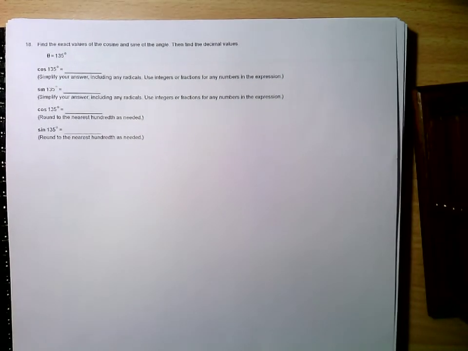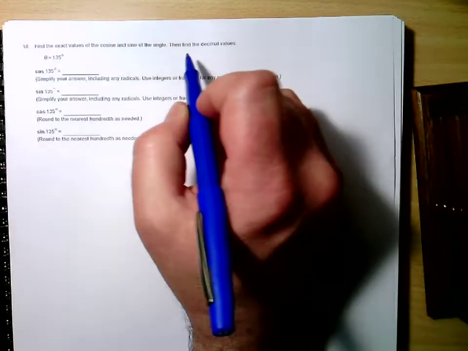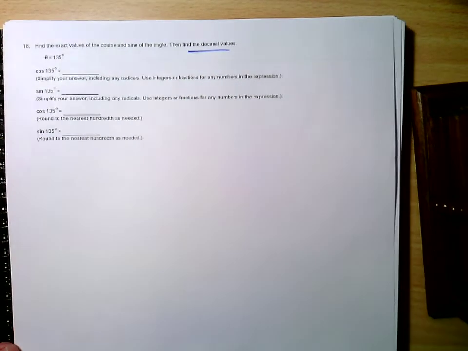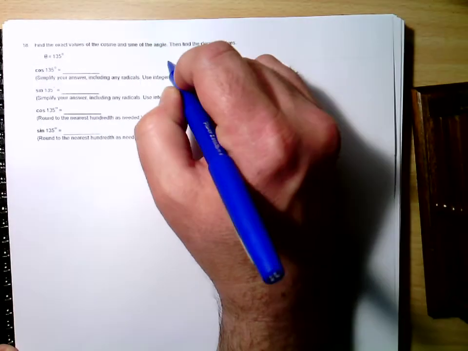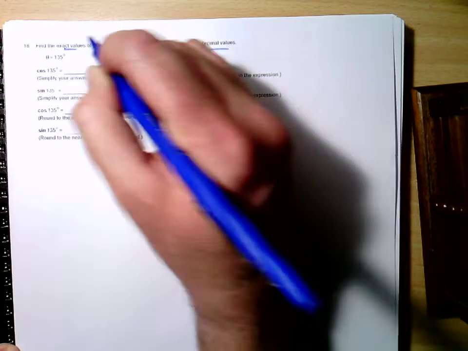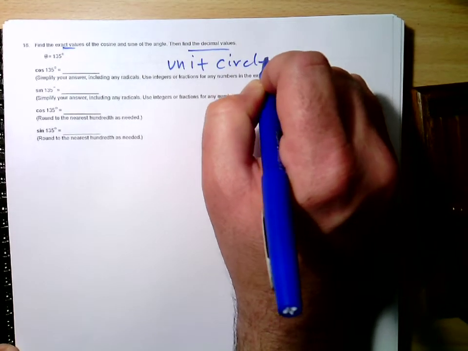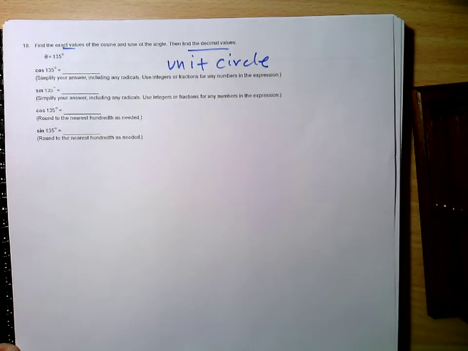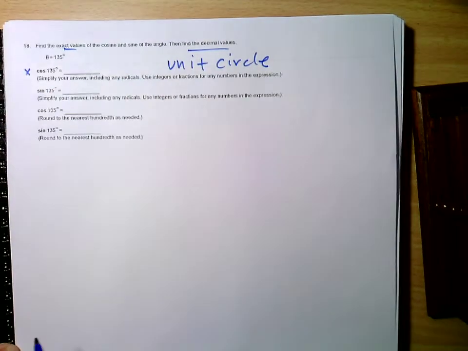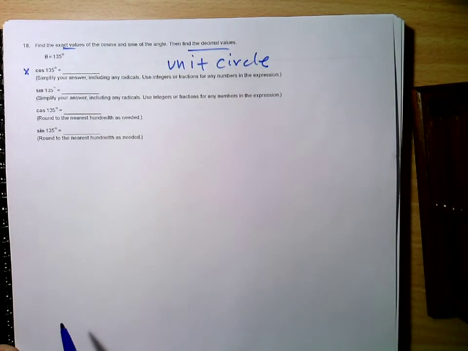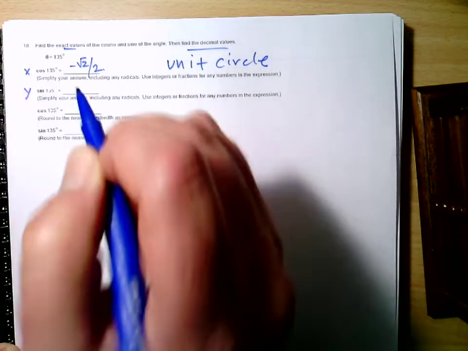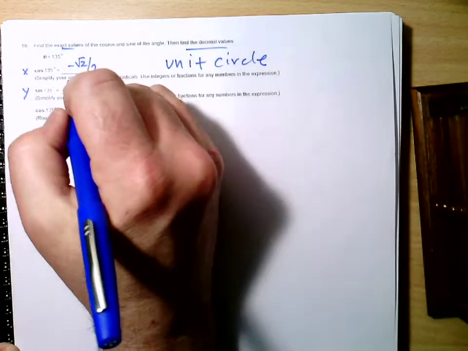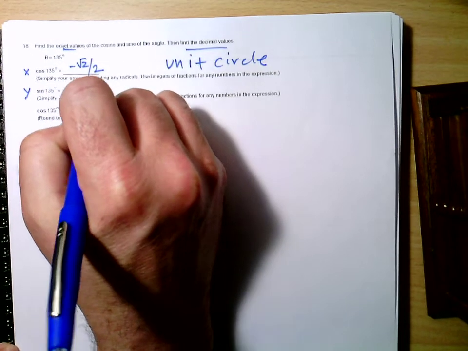Find the exact values of cosine and sine of the angle. Then find the decimal values. Okay, so here we can use the unit circle again for the exact values. At 135, the cosine is our x-coordinate, which at 135 is negative root 2 over 2. And for y, sine of 135 is positive root 2 over 2.